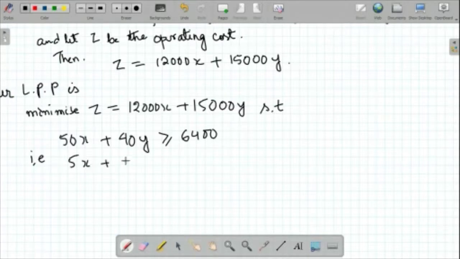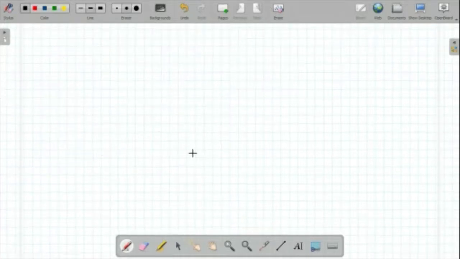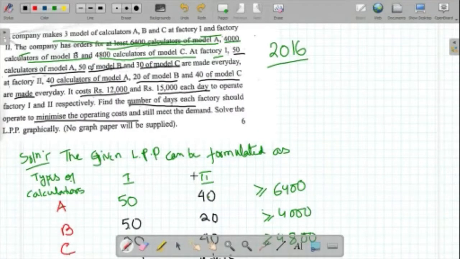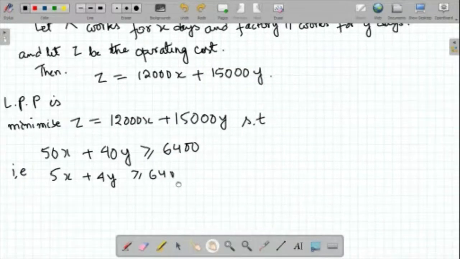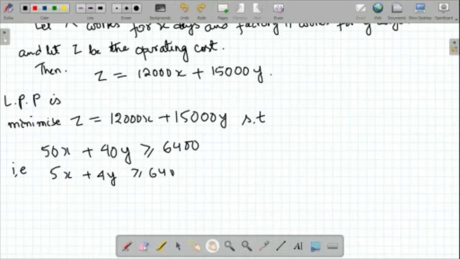So 5x plus 4y is greater than or equal to 640. So let it be our equation number 1.